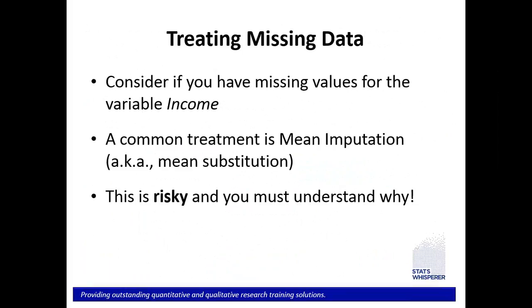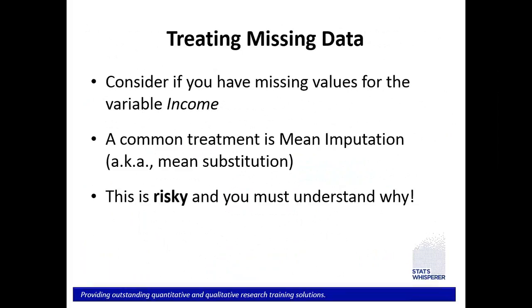So in that subset, that's what it looks like, right? Now, a common treatment, right, for income when it's missing is mean imputation. That means you look at all the people that did provide data, right? You take the mean of their responses, their mean income, and you put that in the empty cell for the people that did not report their income.